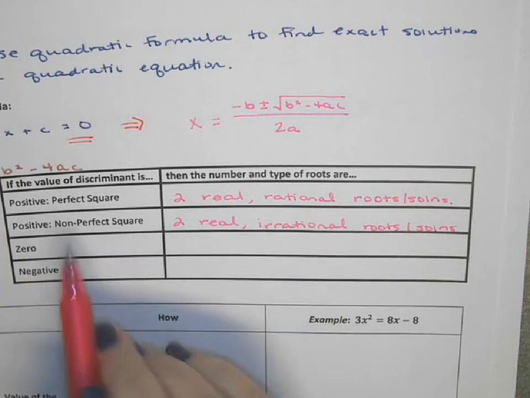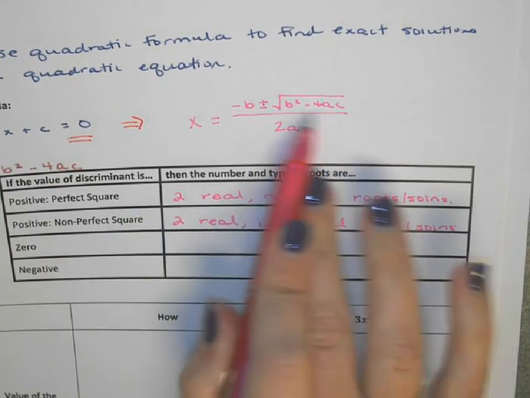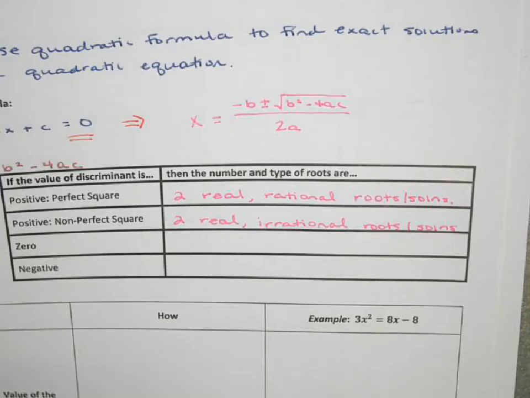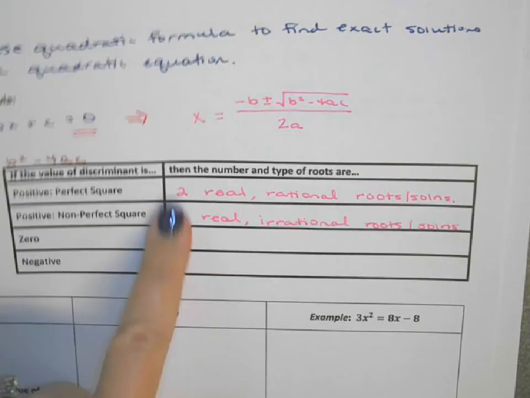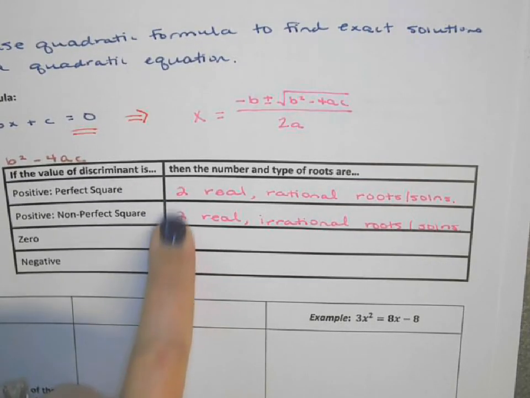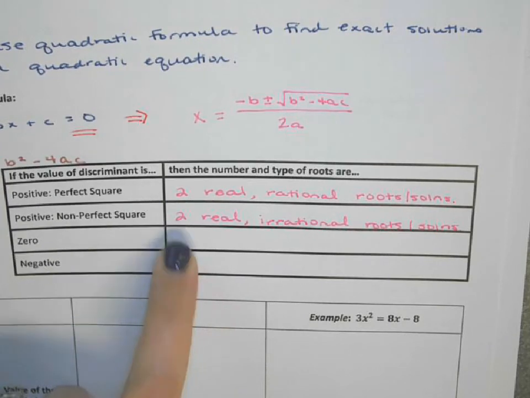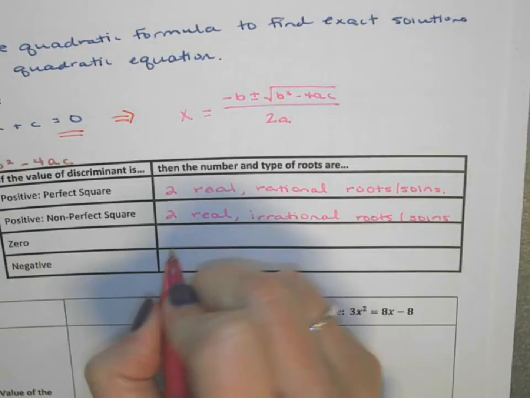If the discriminant, that value underneath the square root sign, is 0, what is the square root of 0? 0. So how many solutions do you have? When you take the square root of 0, how many answers are there? 1. Whereas if you took the square root of 25, your answers are positive or negative 5, which is how we come up with 2 for both of those. But if you're taking the square root of 0, you only have 1.